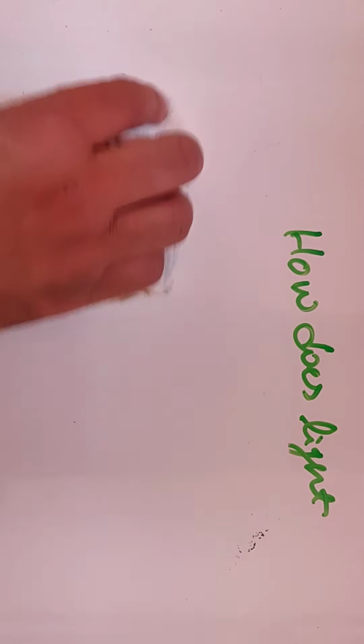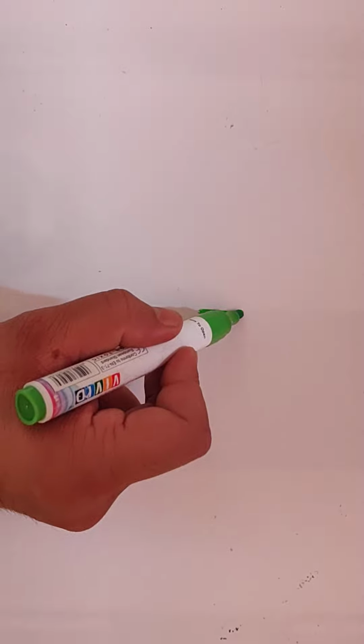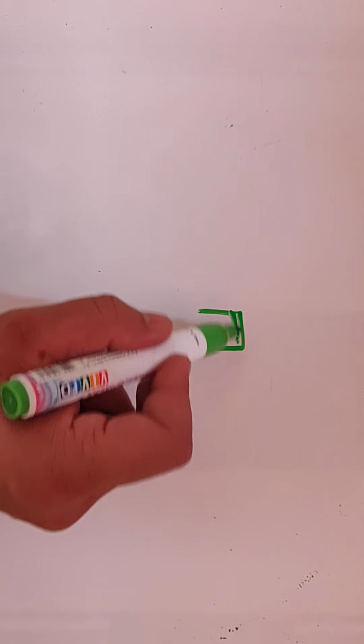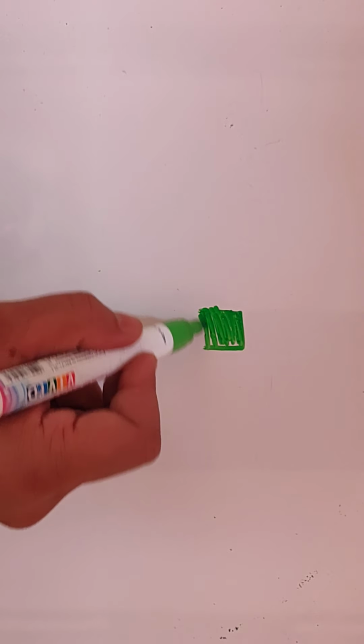So what actually happens is, see, this is a green colored object. Today I am using this green color.